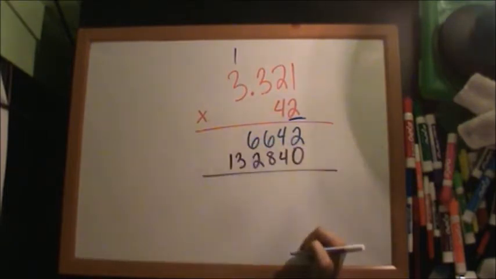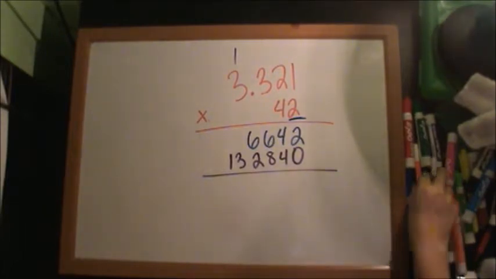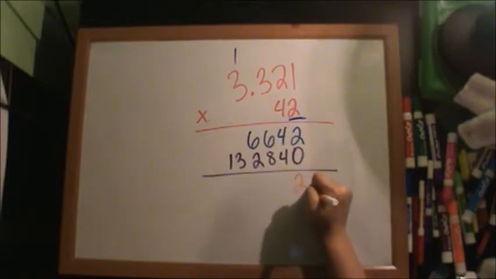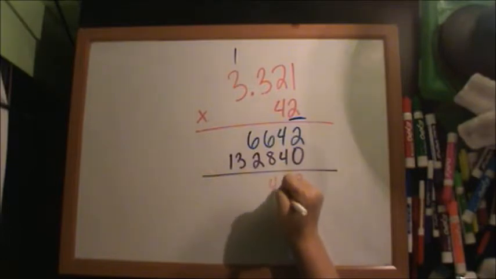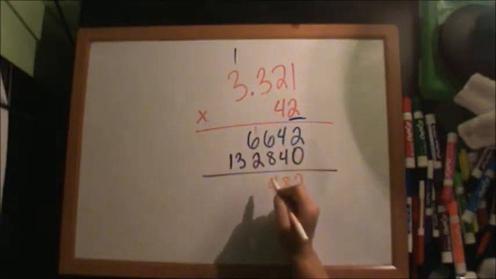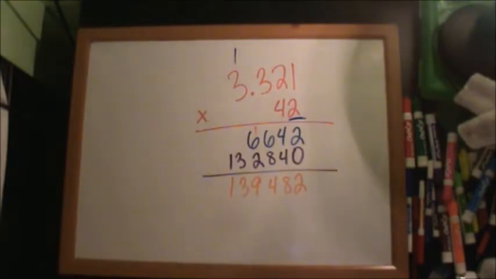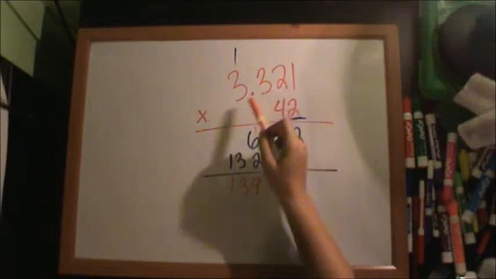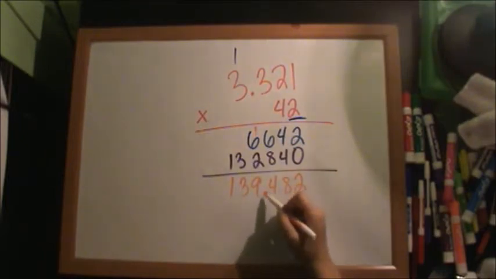Okay, now I'm going to add all of these together. I get 2, 8, 14, 9, 3, 1. So where do I put my decimal point? I have 1, 2, 3 numbers behind the decimal point, so I'm going to put my decimal point right here. We cannot just bring the decimal point down.